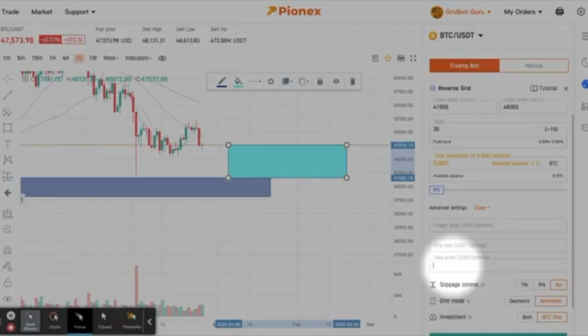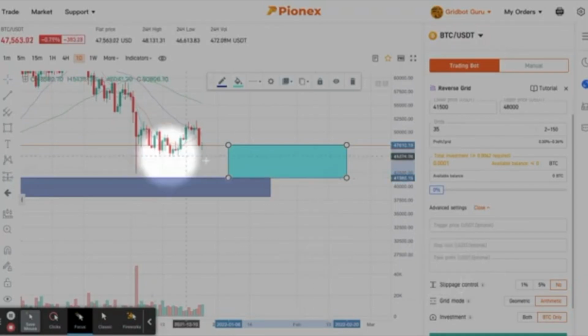The reason I say the stop loss and the take profit are the big difference is that if I put one here, it will stop the bot, but it's going to keep the coins at that price.